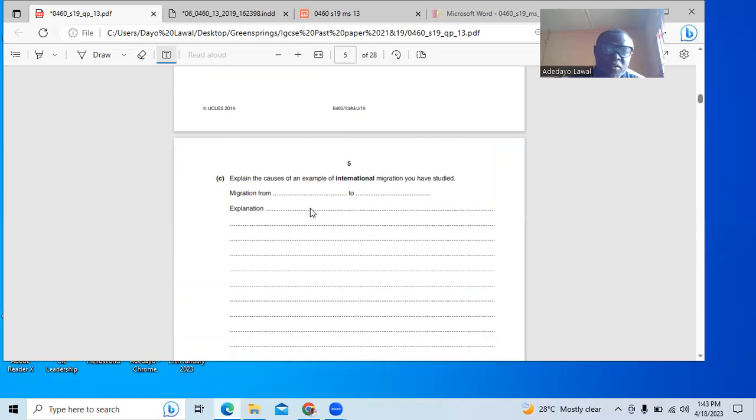Explain the causes of an example of international migration you have studied. Causes. This kind of question, I'm not sure there's anybody in the world who will not have an experience to write from.